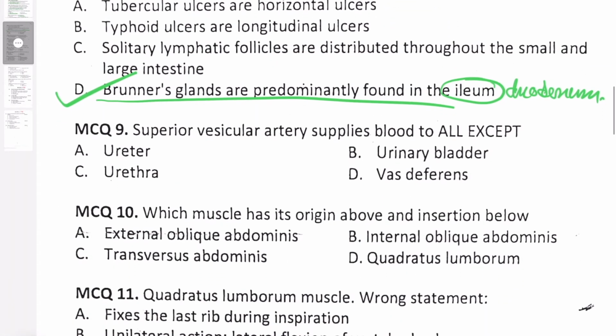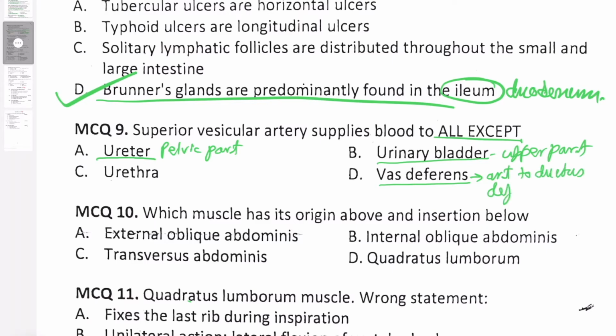Question number 9, need not explain much about this. Remember that the superior vesical artery supplies blood to all except. It supplies the pelvic portion of the ureter. It supplies the upper part of the urinary bladder. It supplies the vas deferens through its branch called the artery to the ductus deferens.